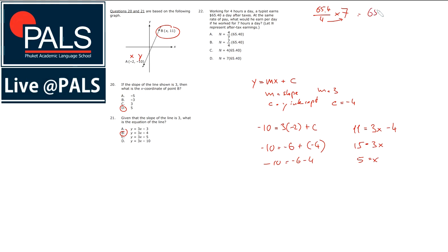So 65.4 times 7 over 4. That's the same thing, same way of writing that. All of these ways of writing it are the same basically. So that means the correct answer is 7 over 4 times 65.4. That is the answer B.